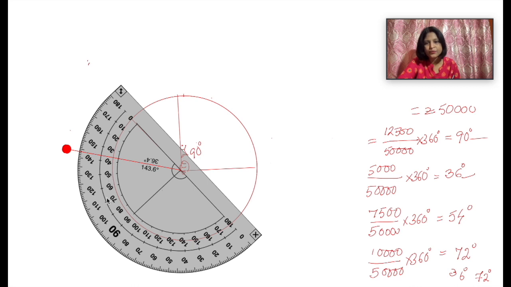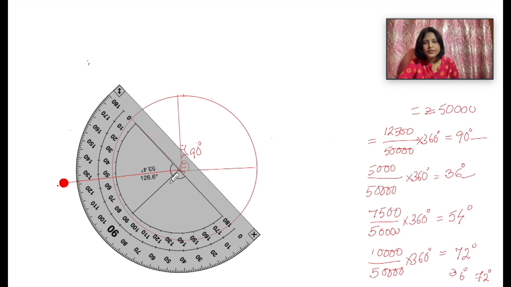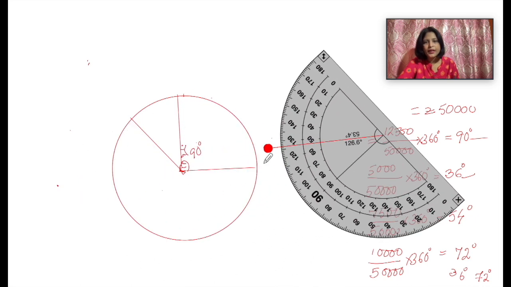So it has to go till 54 degree and I can see this is 51, 2, 3, 4. So over here. So let's remove the protector now and join with a ruler again this particular point with the center of the circle. So here the third angle is also over.